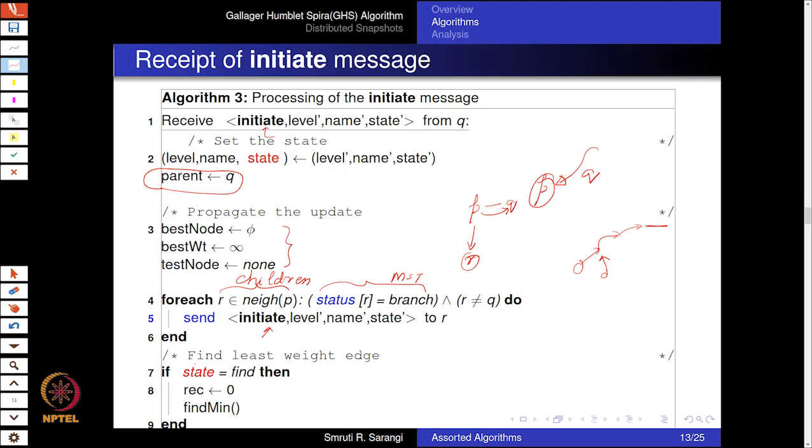Now what we do is, we see what is the state. If the state is equal to find, then it means that I am supposed to play my job as a good member of a fragment by finding the least weight outgoing edge. So I set the rec variable to 0, again an internal state variable, and I call the function findMin such that we all members of the new fragment can find the least weight outgoing edge.